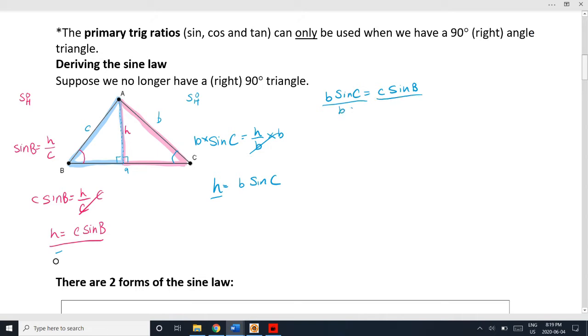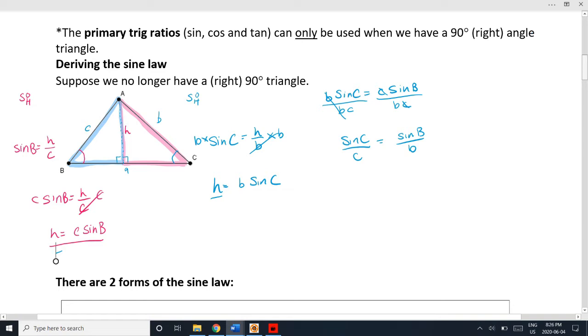So we divide both by b and c. This cancels the b's here, and it also cancels the c's on this side. And so what we're left with is sine C over side c is equal to sine B over side b.